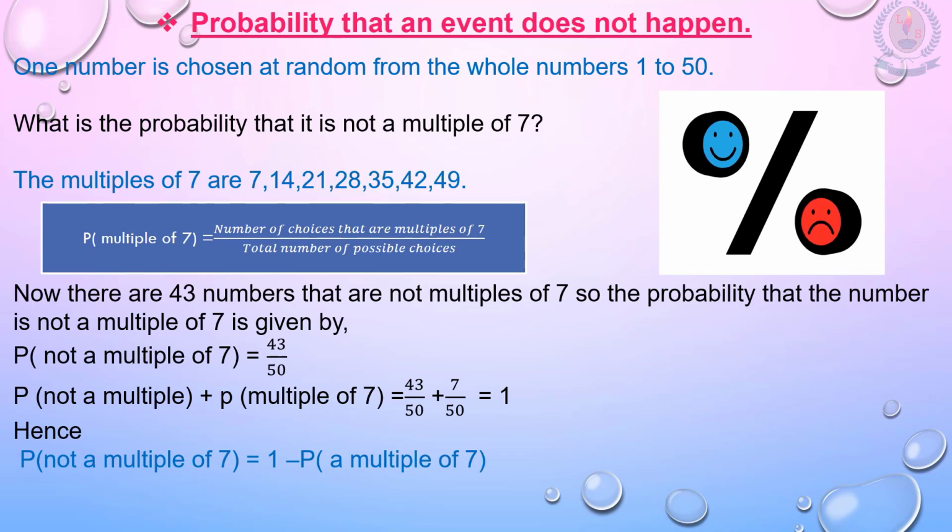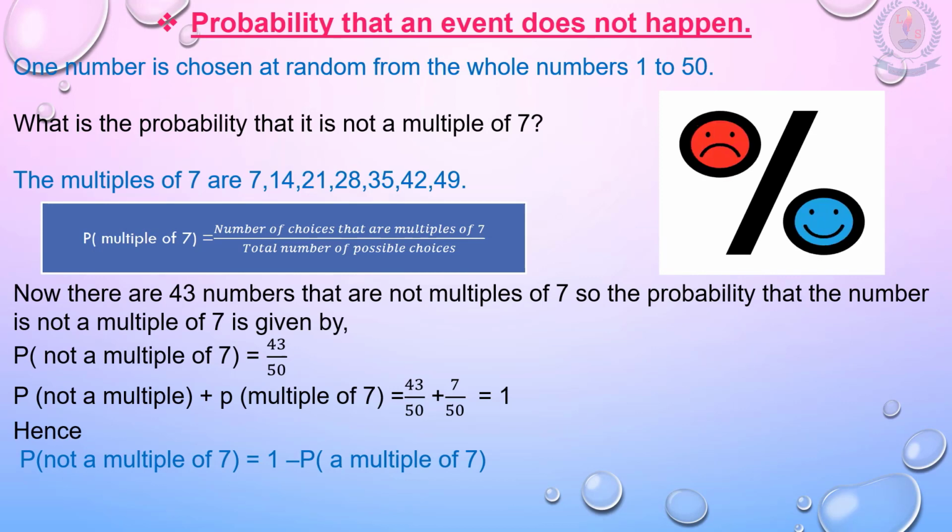Now, there are 43 numbers that are not multiples of 7. So the probability that the number is not a multiple of 7: there are 7 multiples, so not a multiple of 7 is 43 over 50.